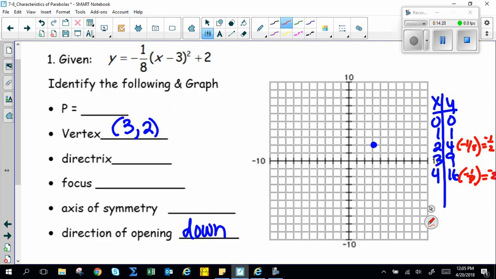So from the vertex, what's my first move? Over 2 and down a half. So I have this point here and this point here. From the vertex, I'm going to go over 4 and down 2. Over 4, 1, 2, 3, 4, and down 2.